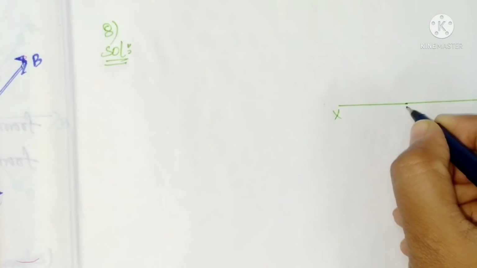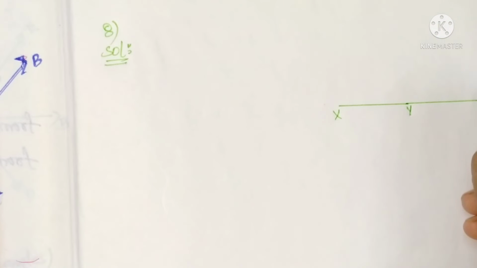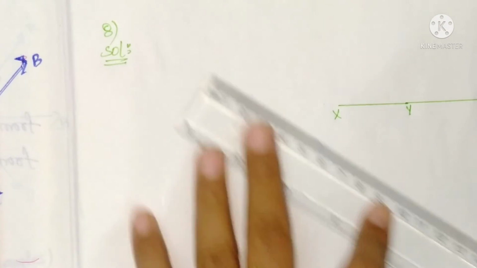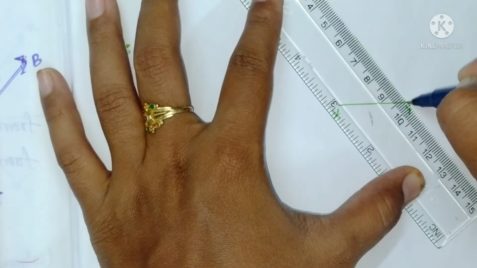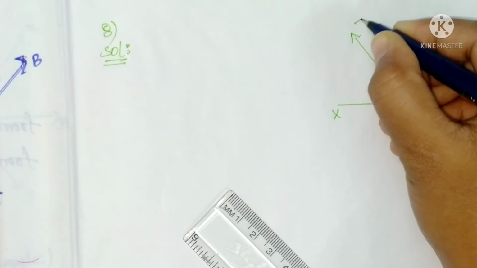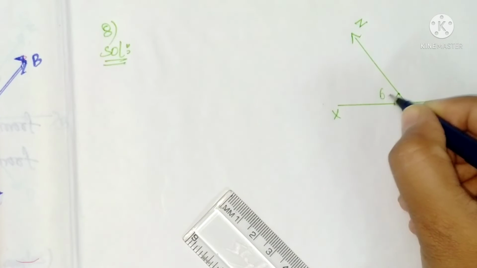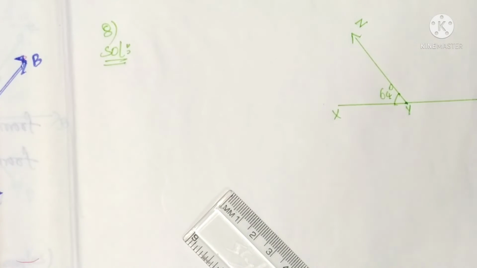So this is X and this is Y, and it is produced to a point P. Now angle XYZ is 64 degrees, with Z here. Now a ray YQ bisects angle ZYP.